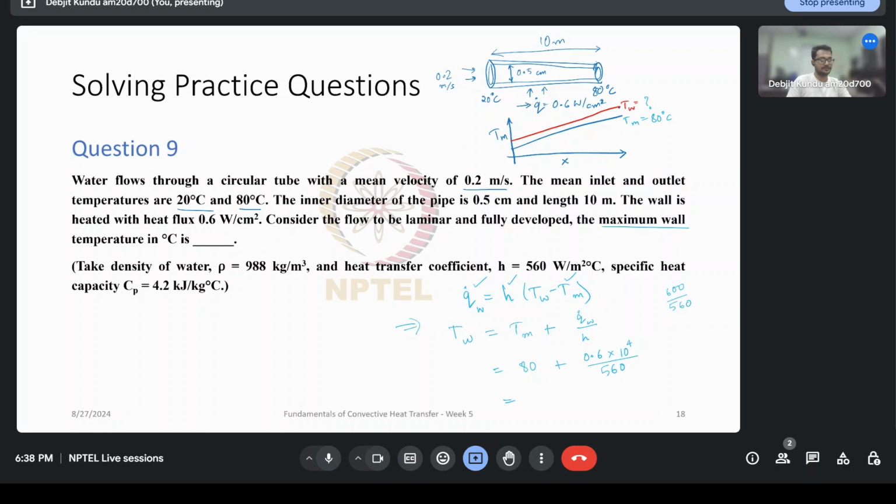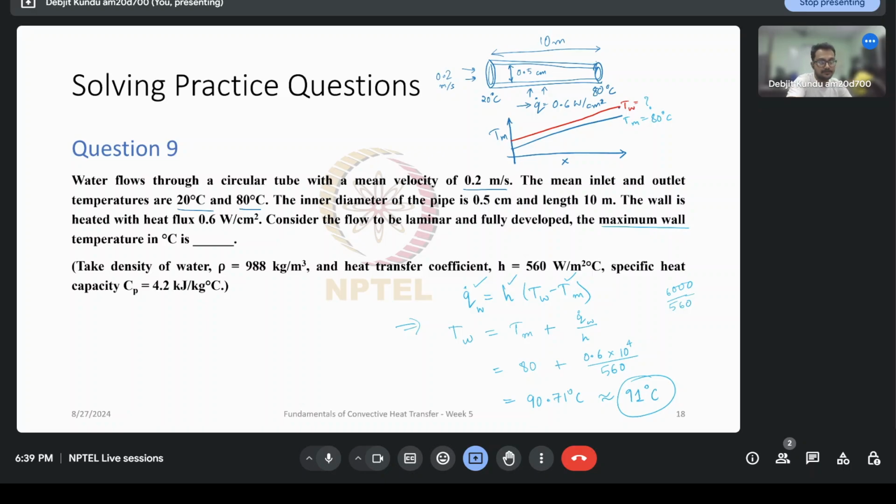So 6,000 over 560 is something like 10.71. If I add 10.71 to this, it becomes 90.71 degrees Celsius. We can approximate this to be 91 degrees Celsius. That's enough. So that is the maximum wall temperature.